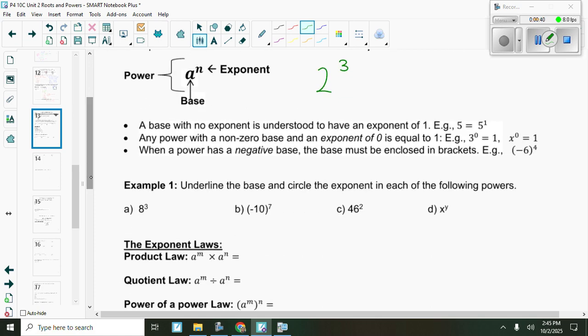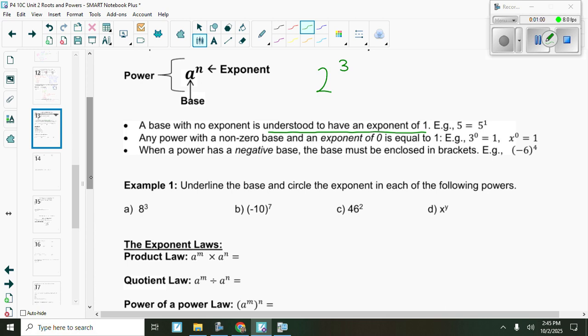A base with no exponent is understood to have an exponent of 1. This is some of that invisible math. Someone asked a really great question on the quiz, confirming: when there's no index listed in a radical, do I assume it's 2? Yes.